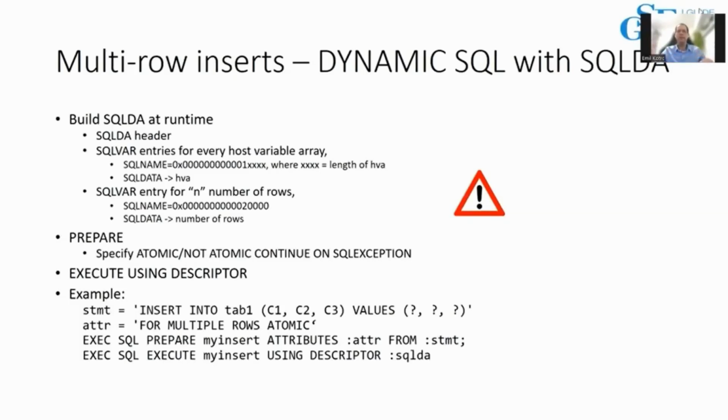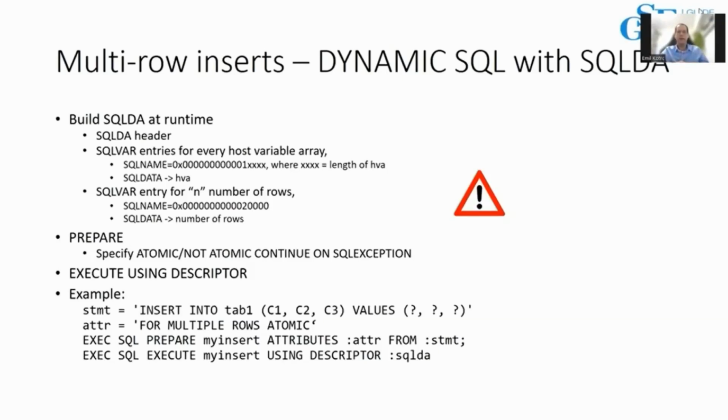It has a header, entries for every host variable, and also a special SQLVAR for the number of rows you want to insert. In the SQLDA there is the SQLNAME, which can have unusual values from an external perspective. Now there is a special value that indicates that this is the entry for the number of rows. Then you do the prepare as before, and you specify the attributes, whether it's ATOMIC or NOT ATOMIC.